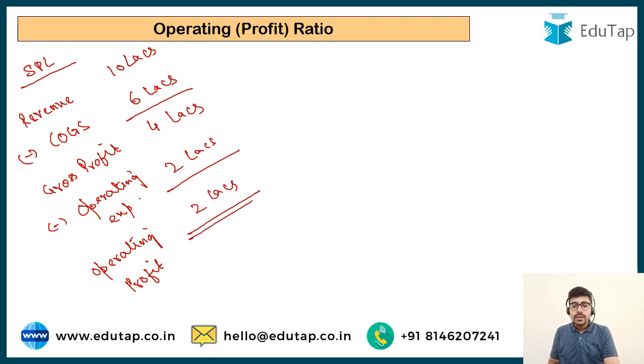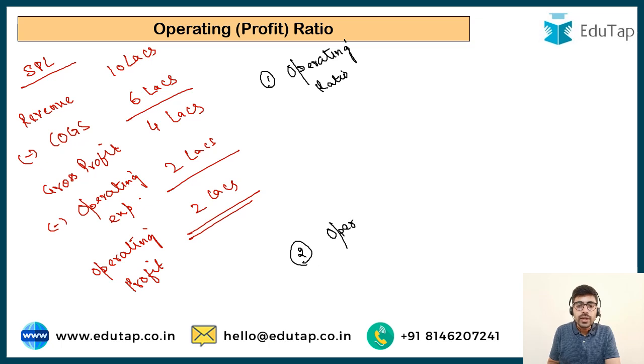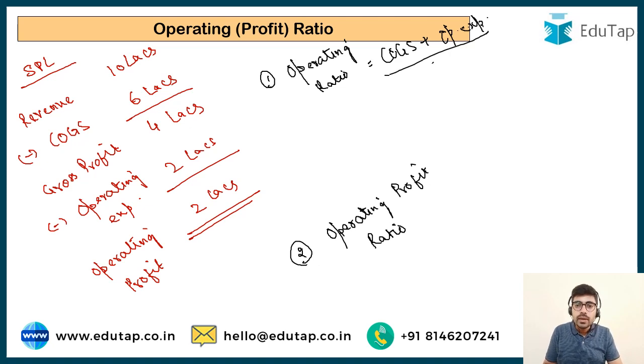Now let's compute the two ratios. Number one, the operating ratio. Number two, the operating profit ratio. Now you are going to tell me the formulas of both of these. For the operating ratio, the formula is cost of goods sold plus the operating expenses, divided by revenue, into 100.